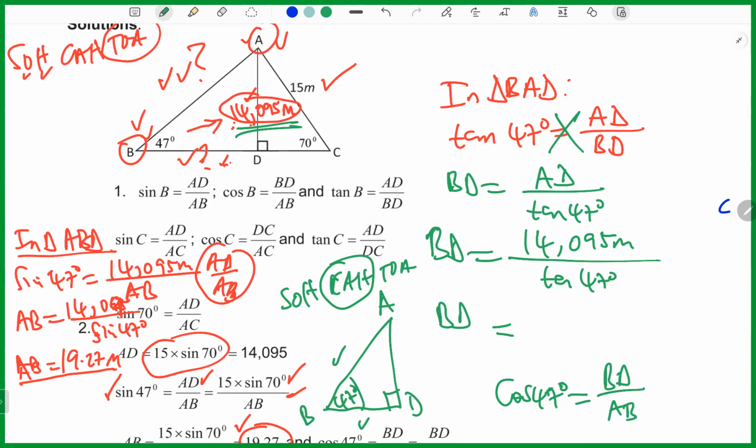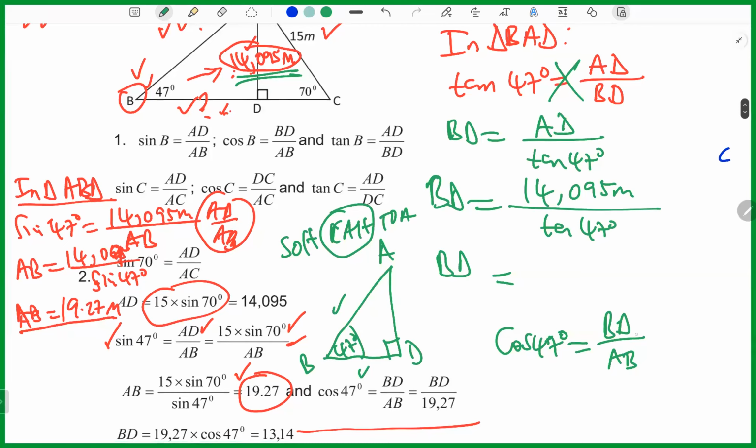That is exactly the same idea as above, so the results will be the same. If you cross multiply, BD is AB times the cosine of 47 degrees. So the answer becomes something.